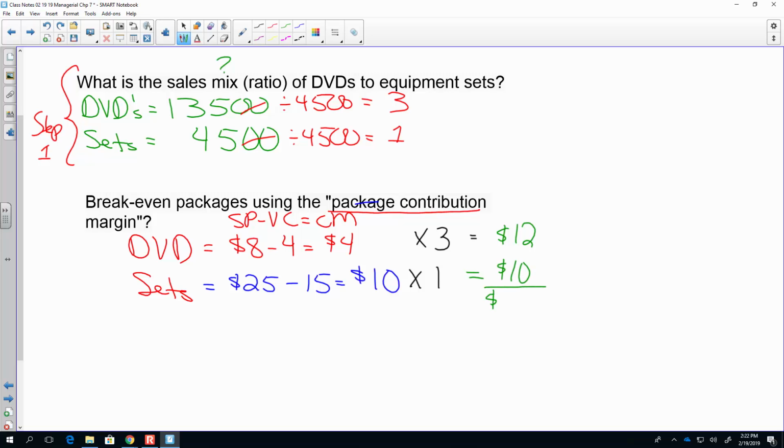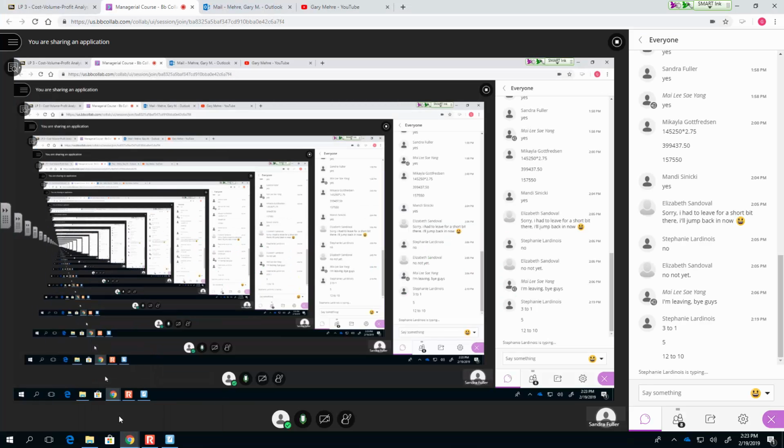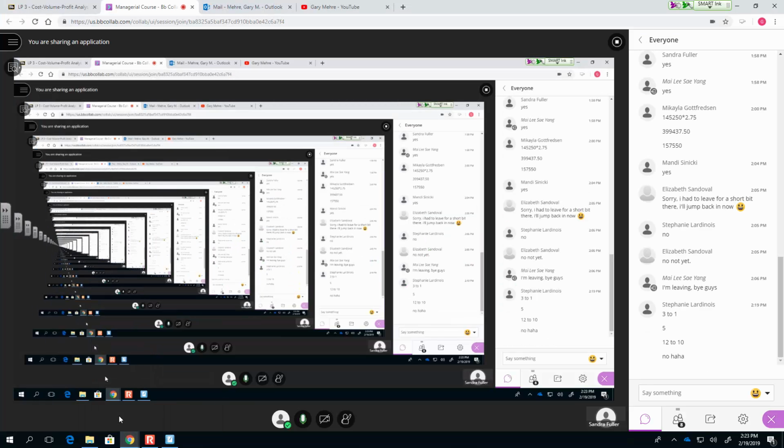My package margin is 22. And did I make a mistake? I don't know, maybe I did. 12 to 10. Oh, okay, just checking.